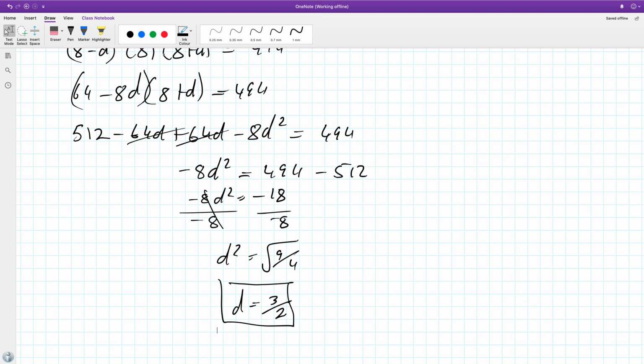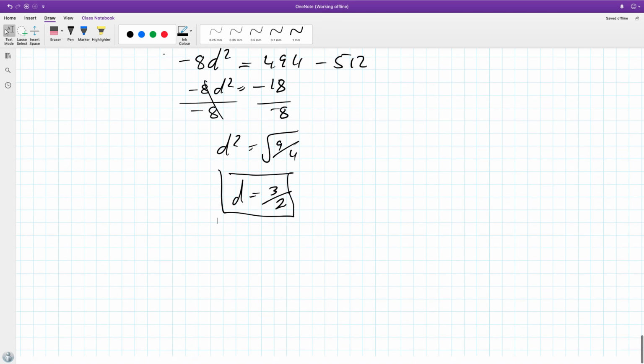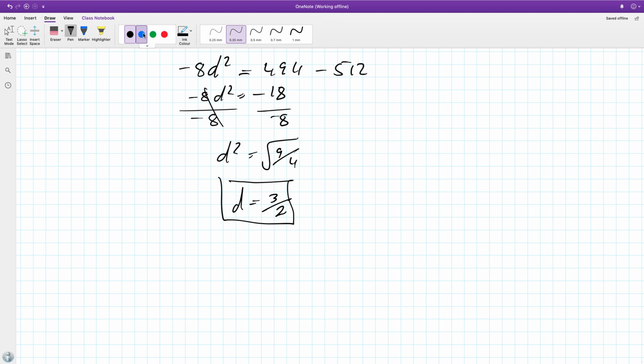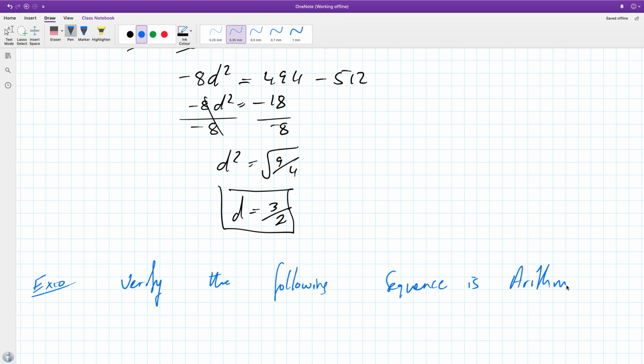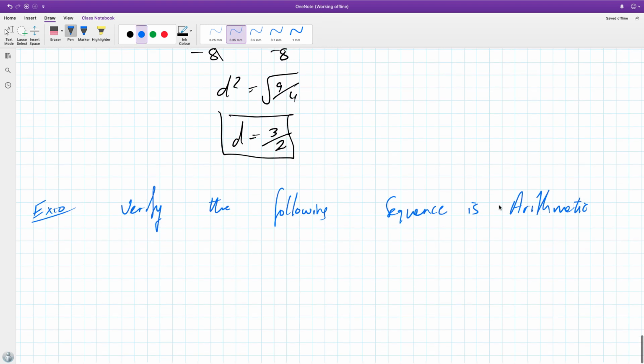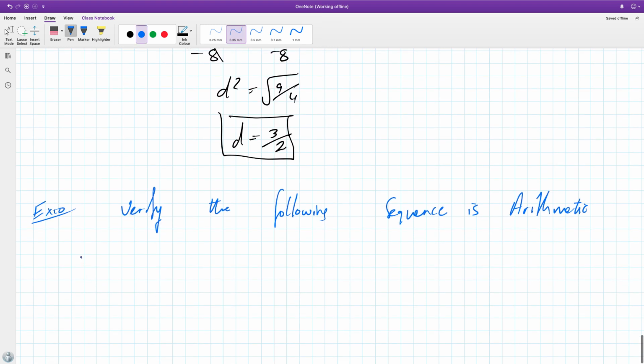What I mean by this is, for example, verify the following sequences are arithmetic.